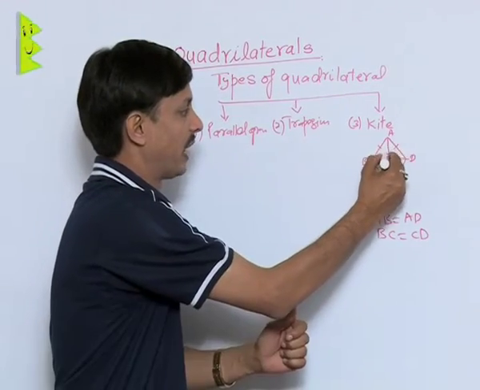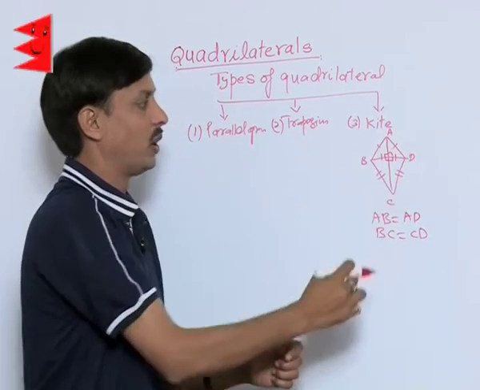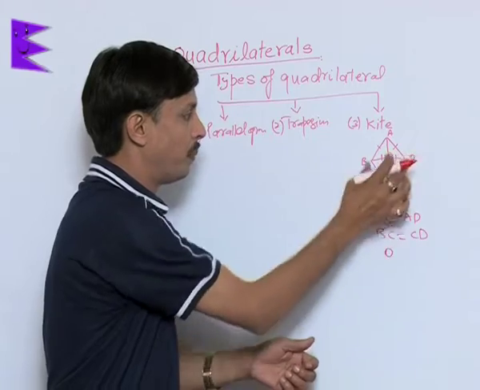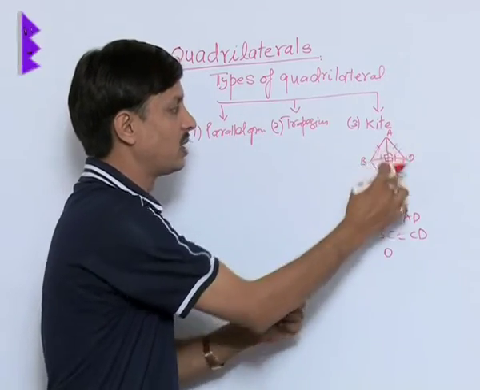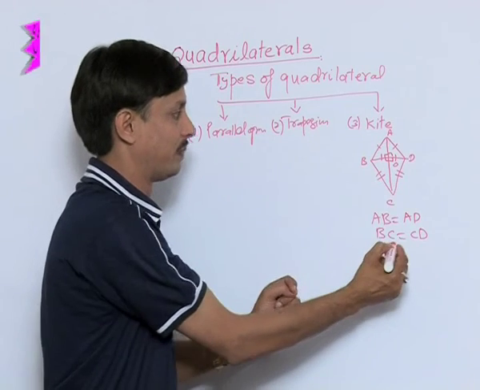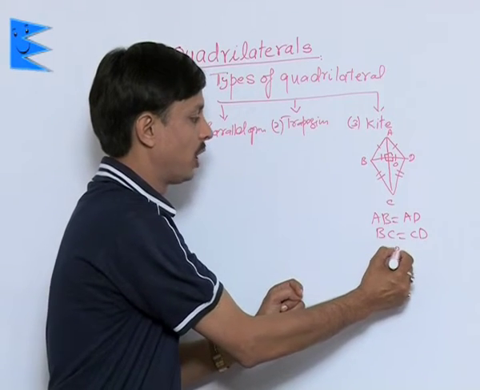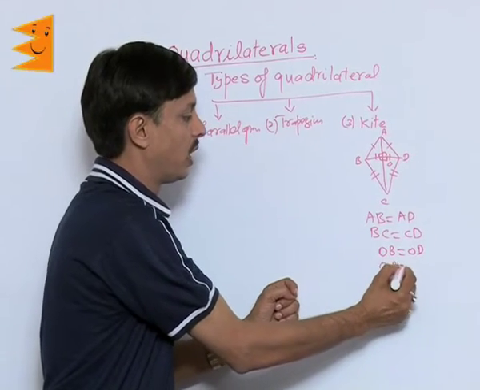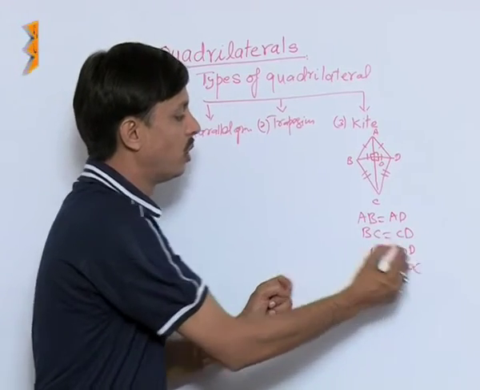There are four right angles formed when we draw the two diagonals, but diagonal BD is separated by diagonal AC in two equal parts at right angle. That is, OB is equal to OD, but OA is not equal to OC.